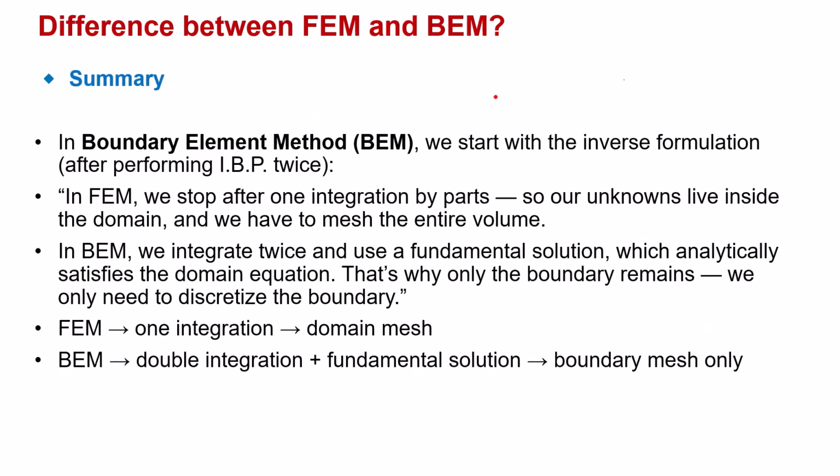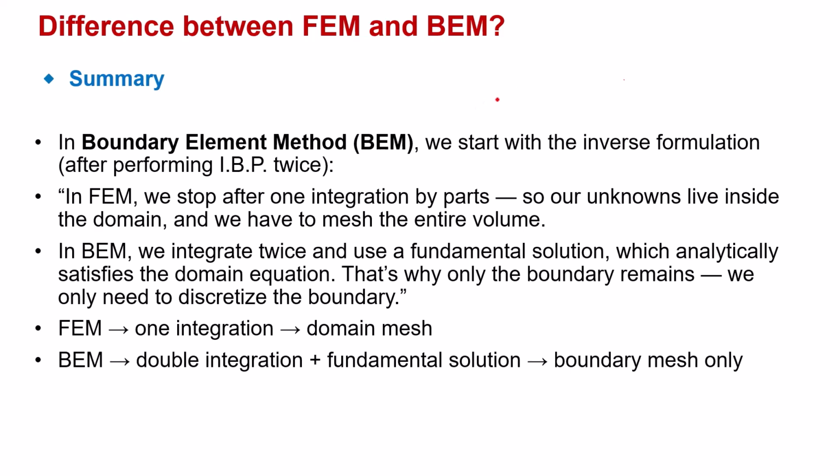Let's summarize the key difference between FEM and BEM. In the finite element method, we stop after performing one integration by parts, so our unknowns exist inside the domain. That means we need to discretize the entire volume, the whole region where the problem is defined. In contrast, the boundary element method performs integration by parts twice, and it introduces a fundamental solution, or Green's function, which analytically satisfies the equation inside the domain.